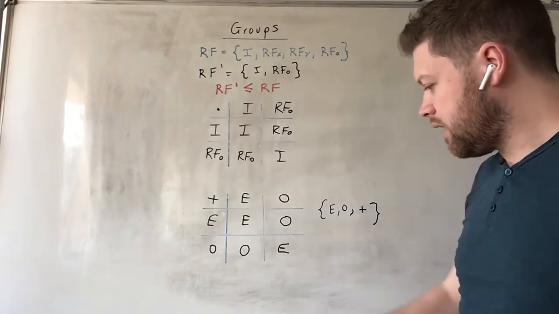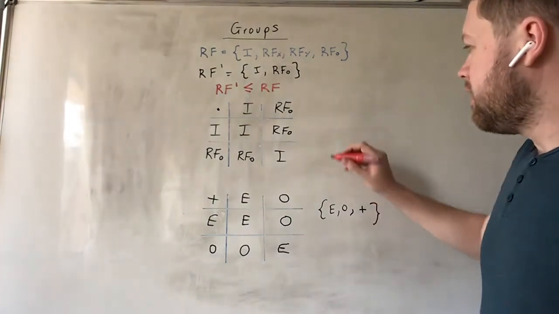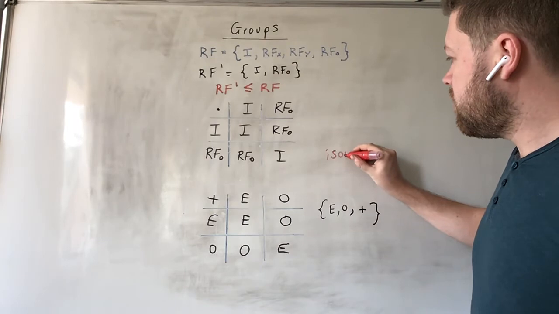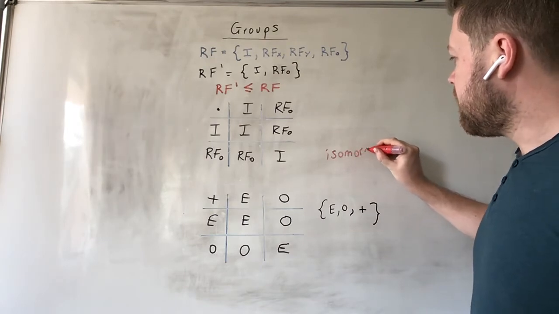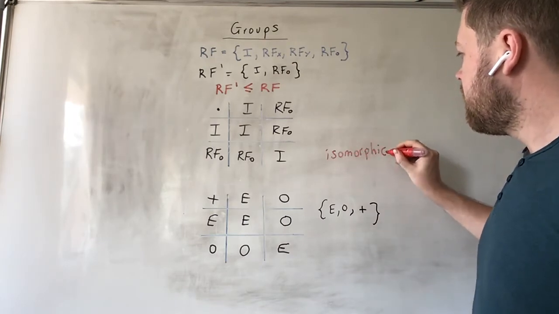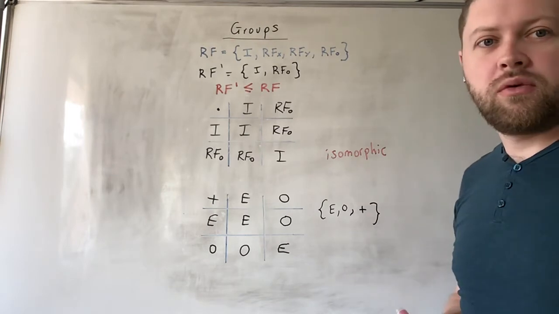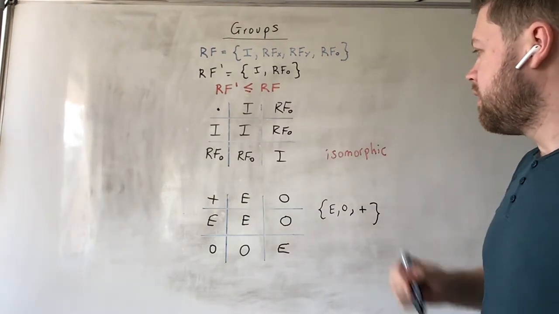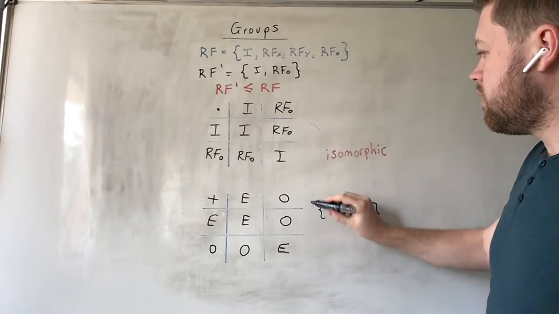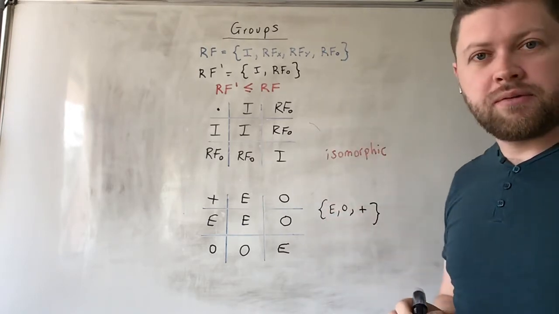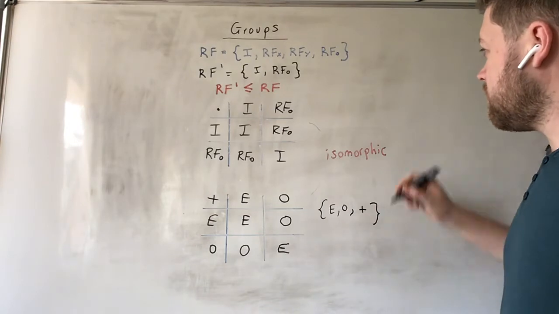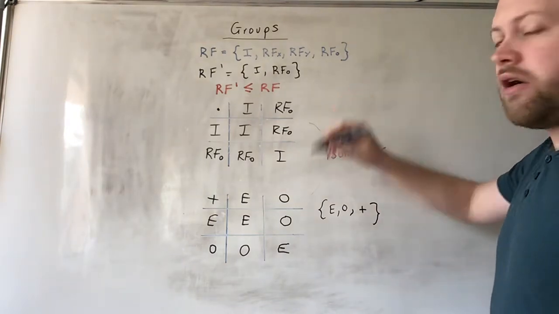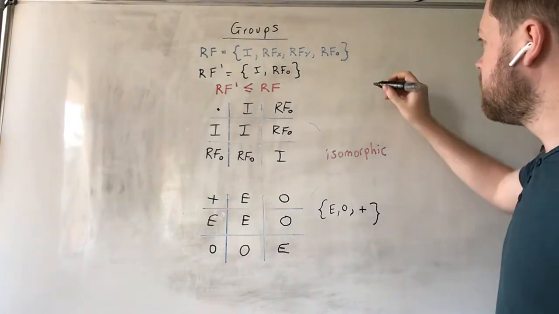What we say in the language of group theory is that these groups are isomorphic, having the same form or the same shape is what isomorphism means. So these two groups are isomorphic. There are a couple of other groups that are also isomorphic to these two.